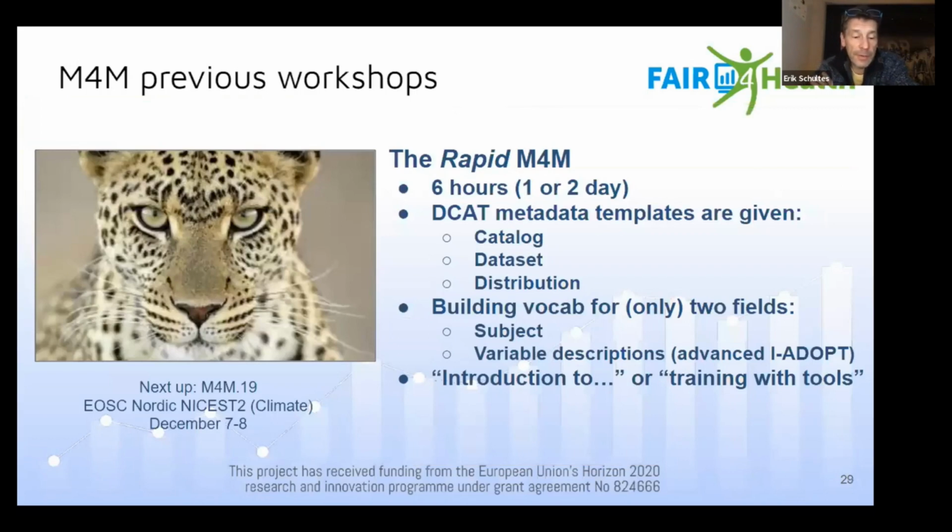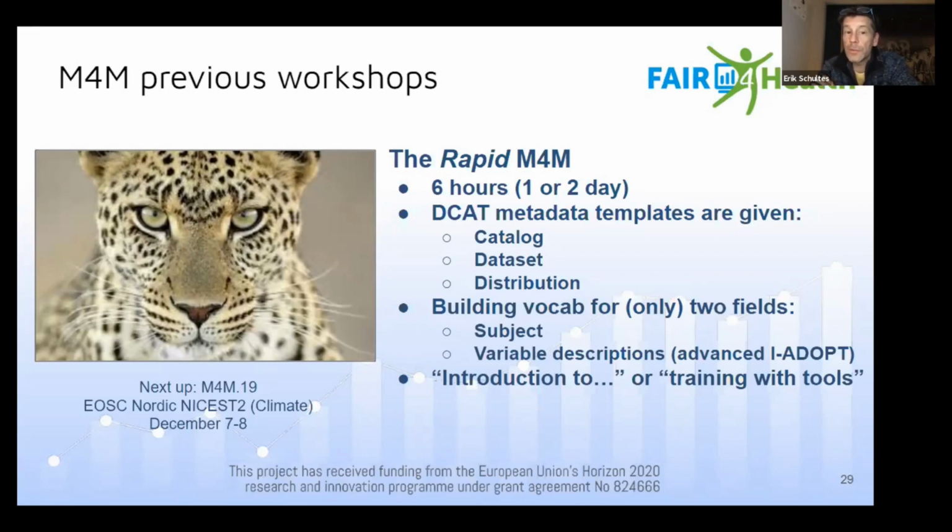this was a very extensive, really from the ground up creation of metadata and vocabularies for this group. In the meantime, we've also refined what we call the rapid M4M. This is a one-day workshop, or roughly 6 hours, where we come into this workshop with the dataset metadata template as a given.